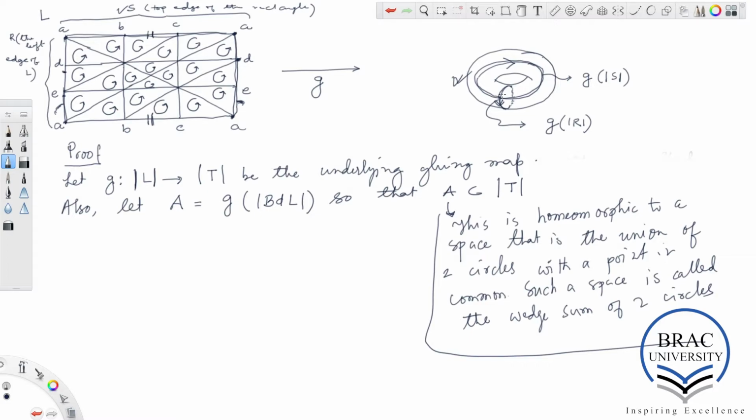Now we have the freedom of choosing the orientation of the one simplices of T arbitrarily. So let me write it here. Orient the one simplices arbitrarily.